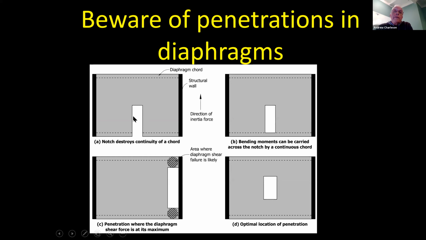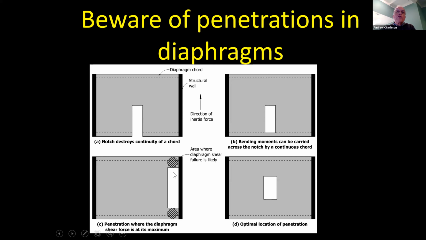It'll break. However, if you carry a beam along the edge of your floor diaphragm, then you can withstand the bending moments here, and this penetration is acceptable. It's okay.